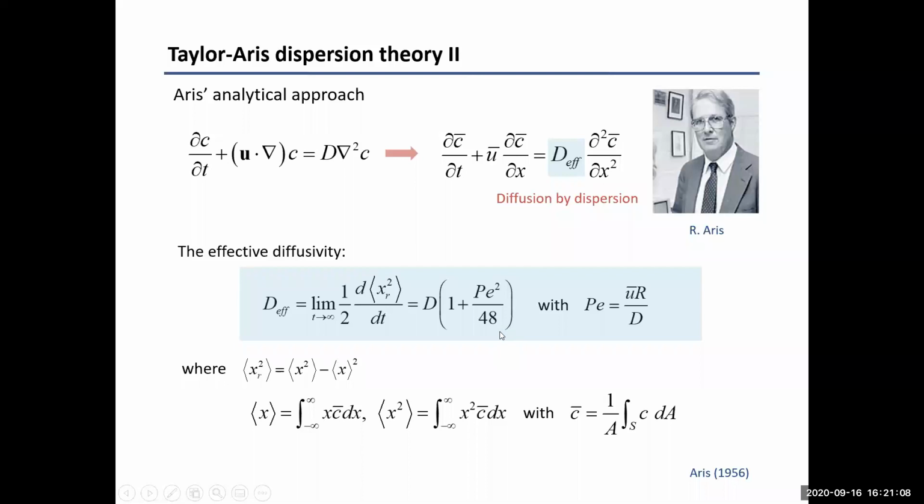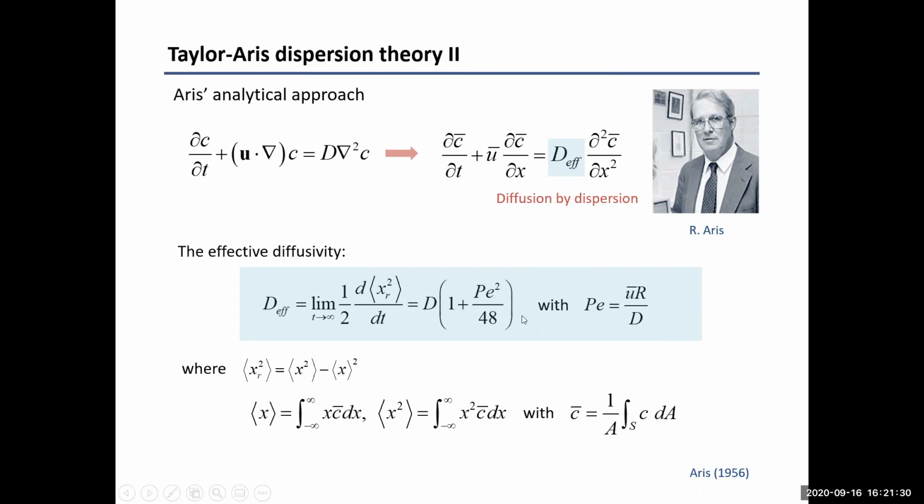Taylor. And here, Peclet squared over 48 is the extra, phenomenological diffusion caused by this bullet-shaped dispersion. And here the Peclet number is defined based on the average velocity, the radius of the pipe, and molecular diffusivity.